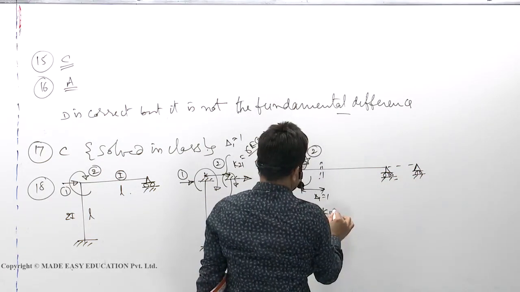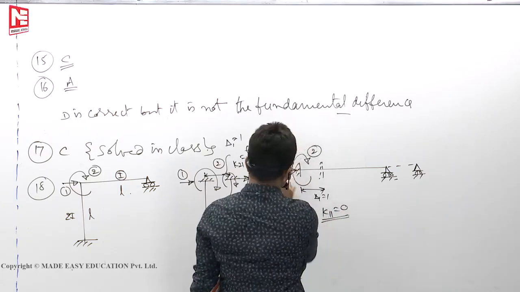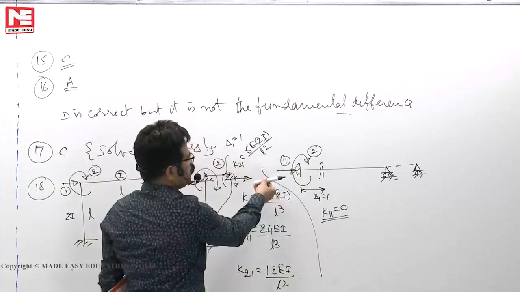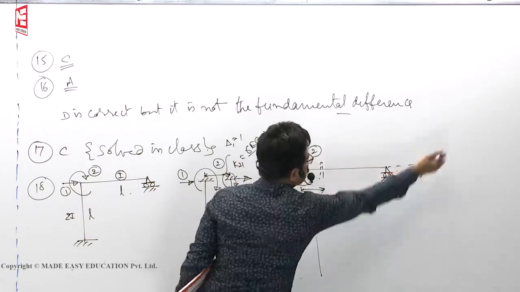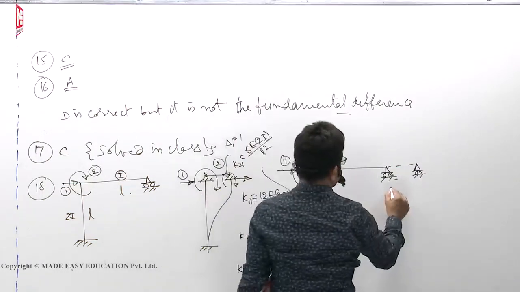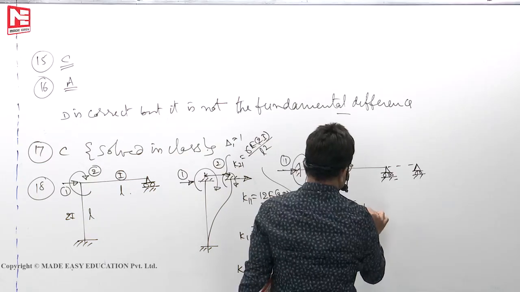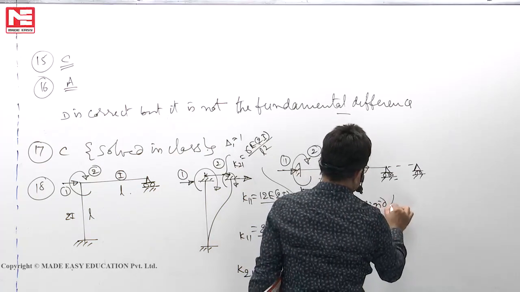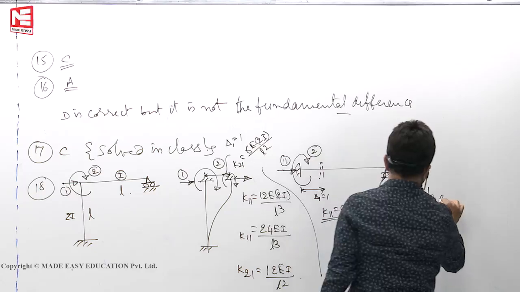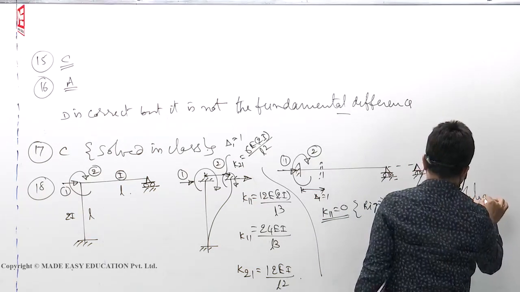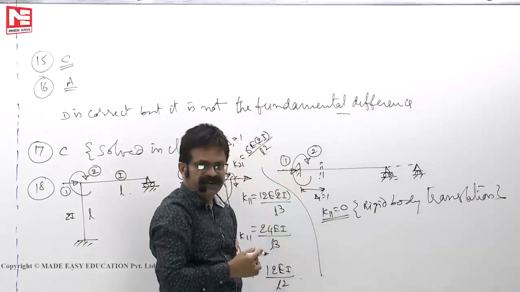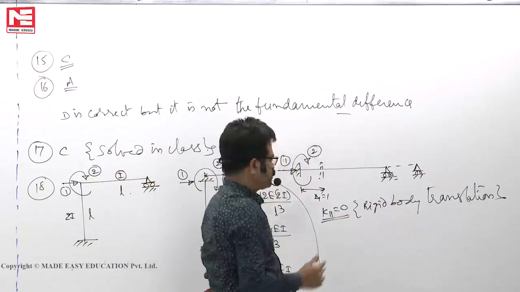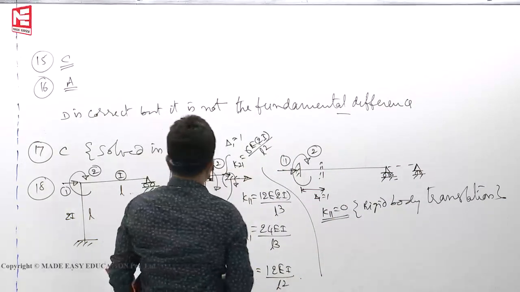K11 in this case is 0. Force required to produce unit displacement: fix it, push it. Because there is a roller, easily it will move. Rigid body translation. If you fix it here, then AE by L we could have written. Roller means it simply rolls off. So this is the first column.